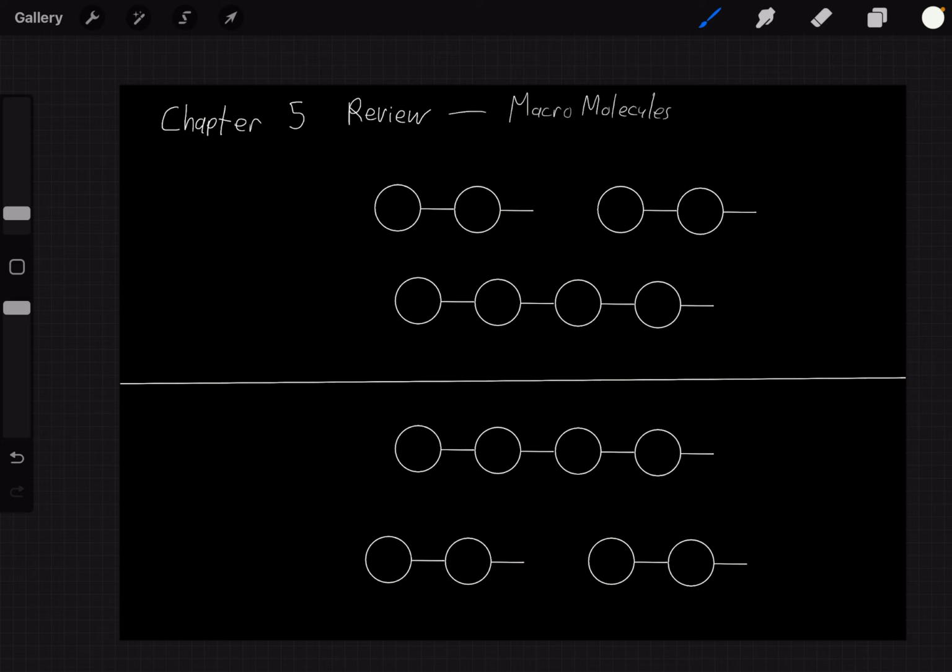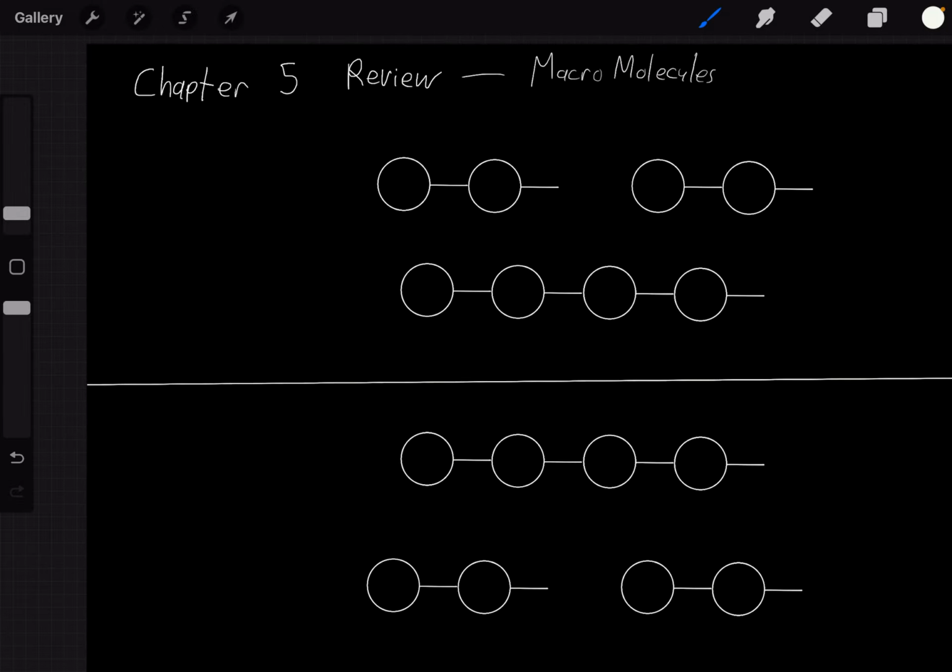So we'll start off with what we first learned, which was the monomers, polymers, and how we make and form bonds. I already have a pre-made layout here. We're going to be talking about how we first form bonds, and that process is called dehydration synthesis.